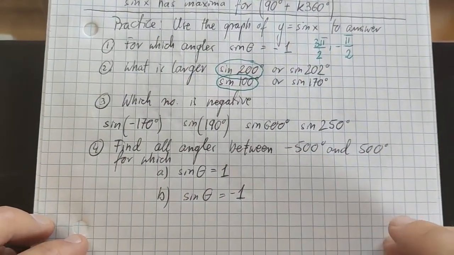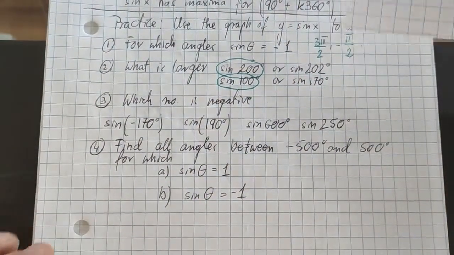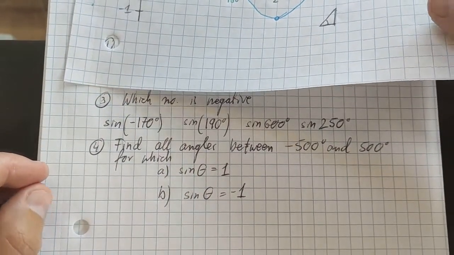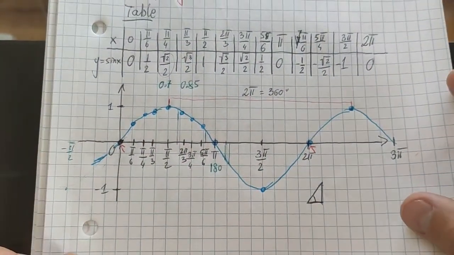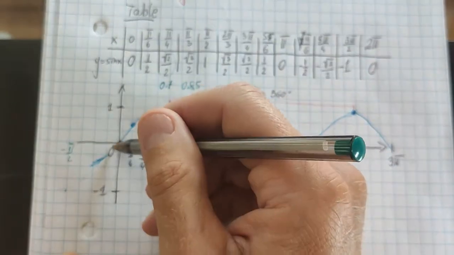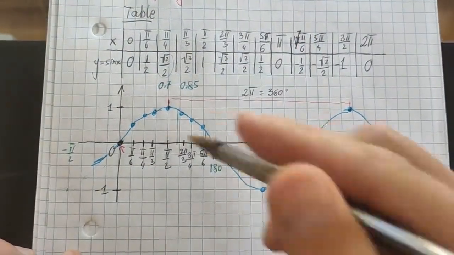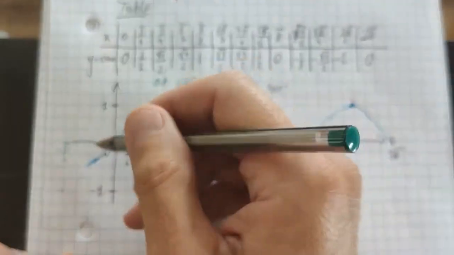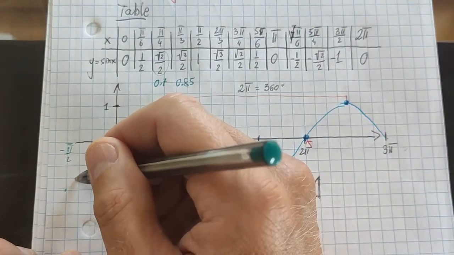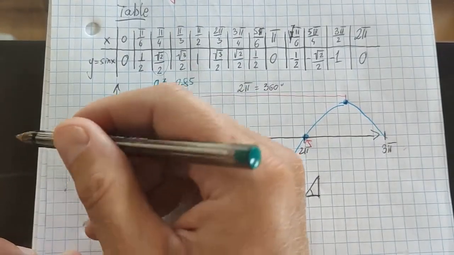The third one. So we need to decide which angles here are negative and which ones are positive. So my first one is negative 170. Okay, so negative 170, so I'll be moving. We can look at the graph, or we can look at the circle, and let's look at the graph. So I'll be moving in this direction, the negative direction, and I see that all those values of sine will be negative all the way until I get to negative 180, right?